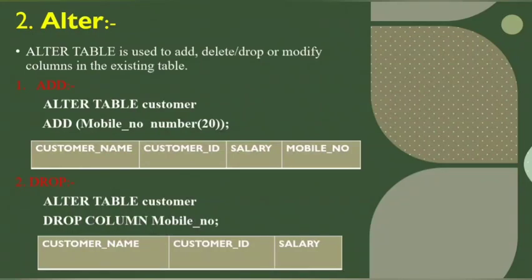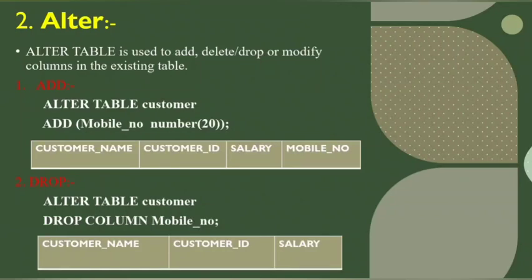And the drop command is there. Drop with alter, like this also we can use. Either we can drop the table, or we can drop the database, or we can drop the column.